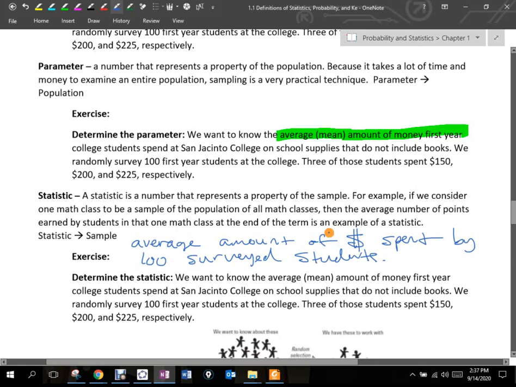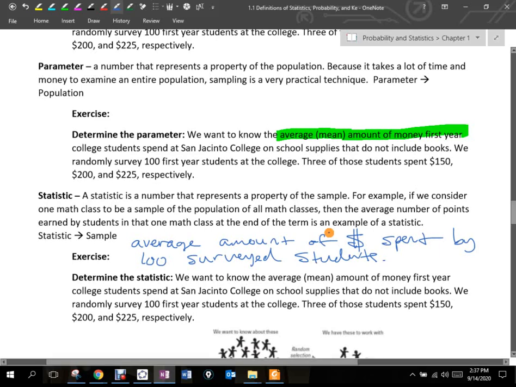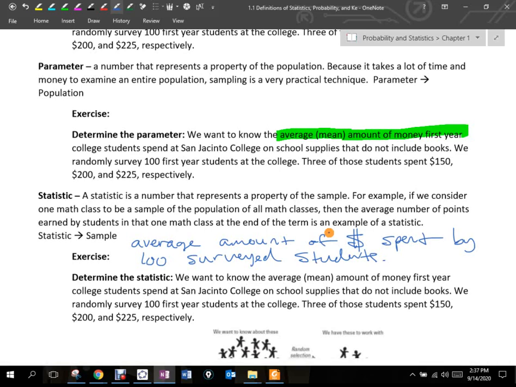A statistic has to be the exact same quantity that is being measured about the population. So if I wanted to measure the mean amount of money spent by first-year students, I'm not going to collect the average height of these 100 people. Does that make sense? Average height and average money spent, they're not the same thing.